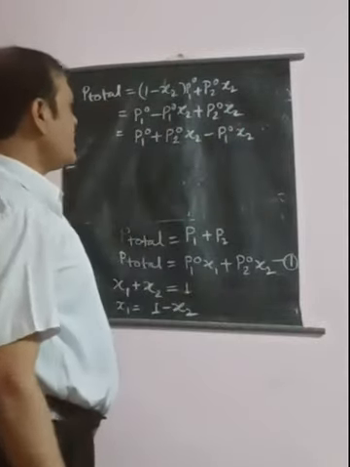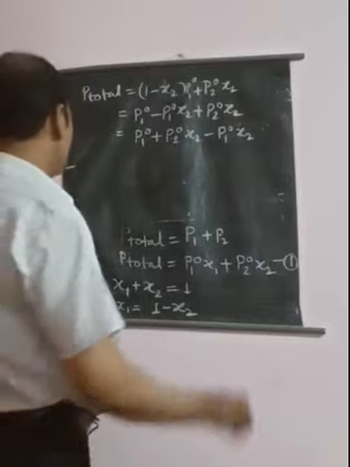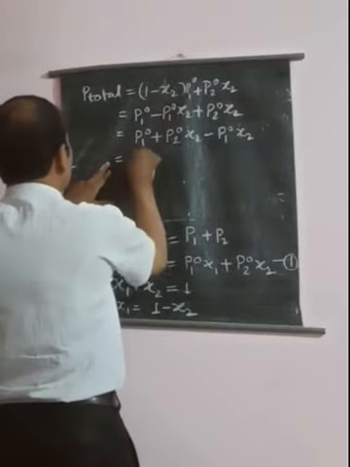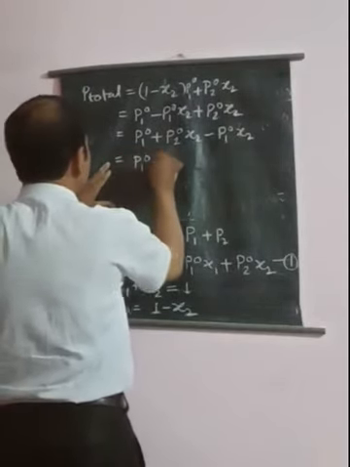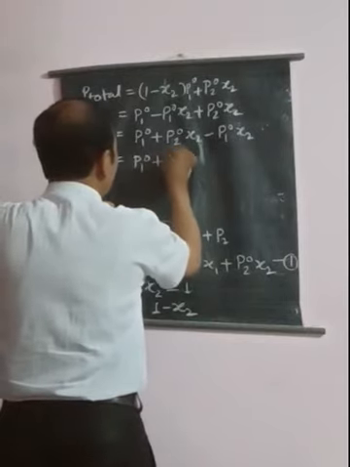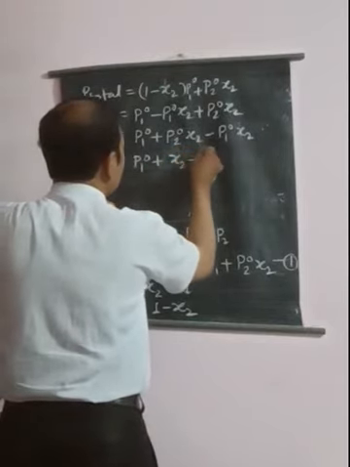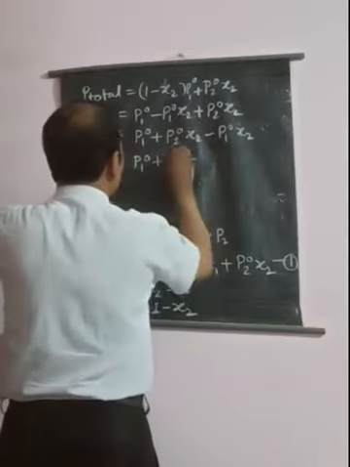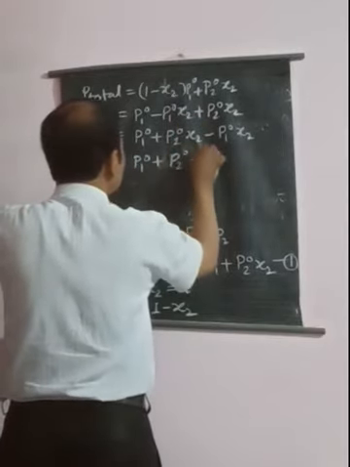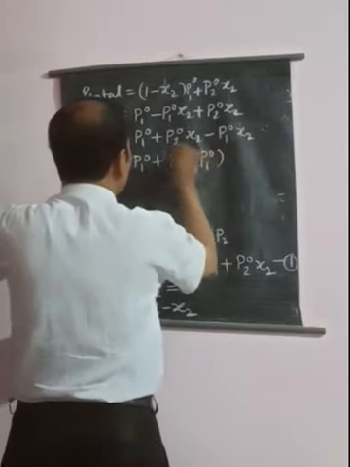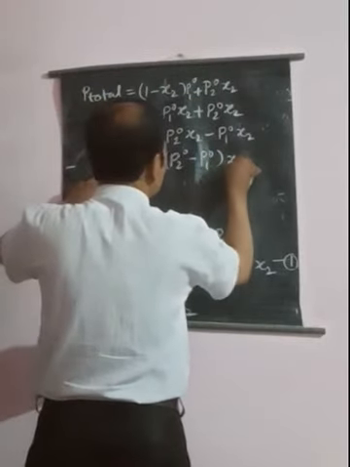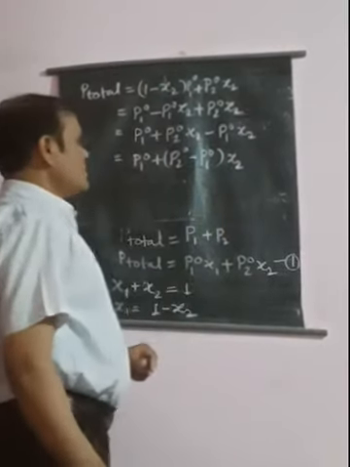Now we can take x2 as common, so we can write P1 naught plus (P2 naught minus P1 naught) x2.